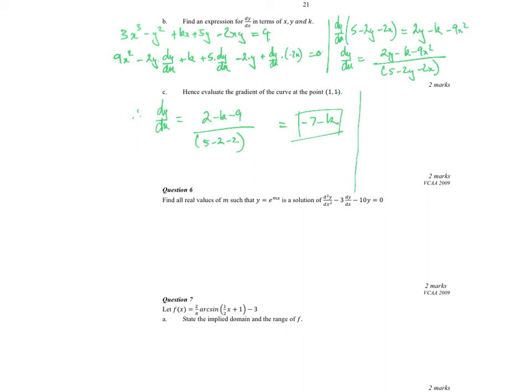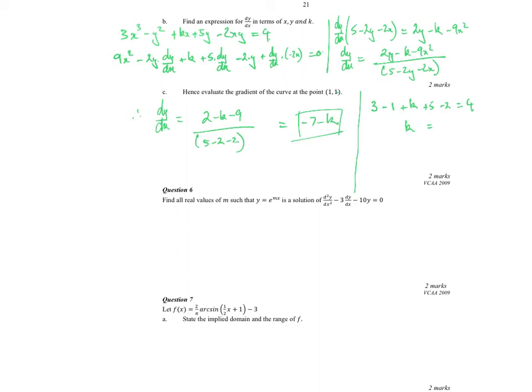So we've got a point the curve goes through is 1, 1. So if I substitute the point 1, 1 into the expression, I'll get 3 minus 1 plus kx, which is k, plus 5 minus 2 has to equal 4. So what does that give me? So k will equal 3 minus 1 is 2, plus 5 is 7, minus 2 is 5.